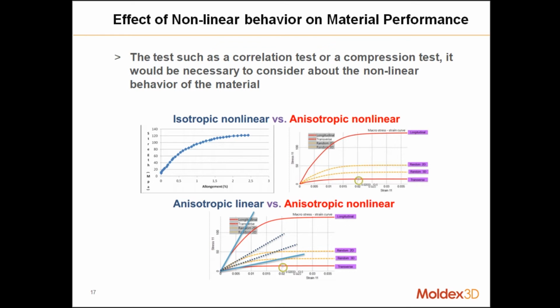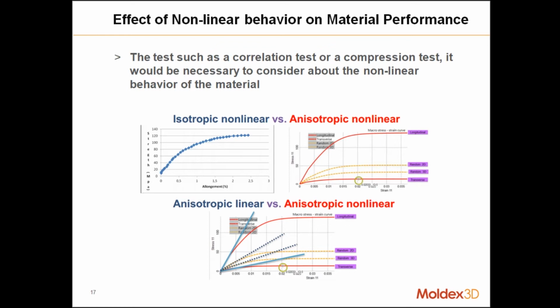As we can see on the right-hand side, in the different directions of the fiber from 0 degree to 90 degree, the stress-strain curve shows totally different behavior in comparison with the isotropic material.